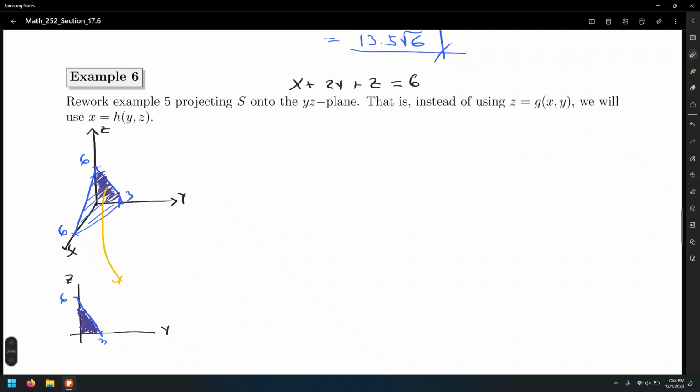Even though we were given the equation already solved for z, I'm going to move everything back. In this case, I'm going to solve for x to obtain a function that depends on y and z only.